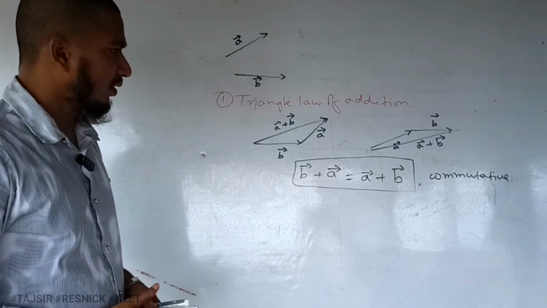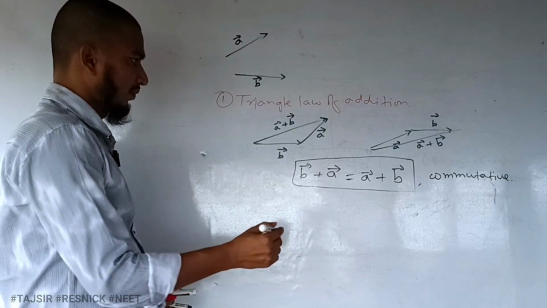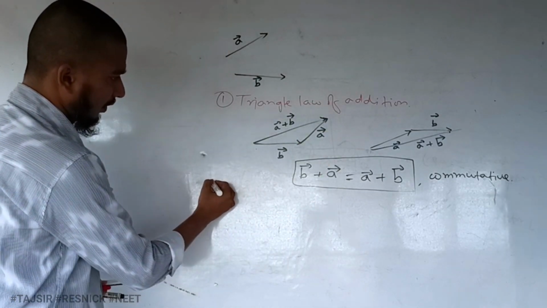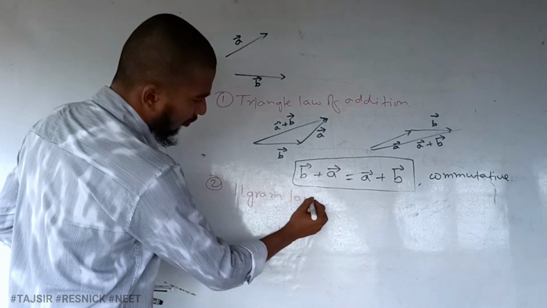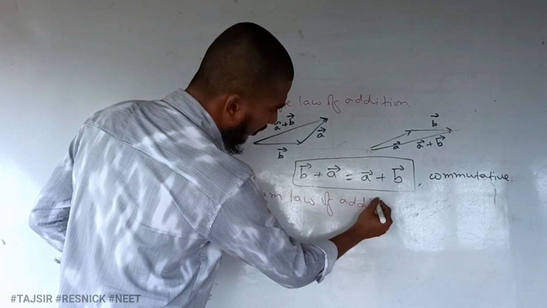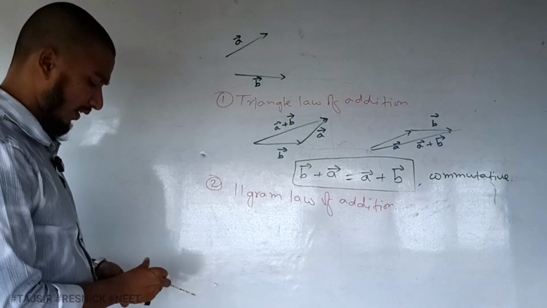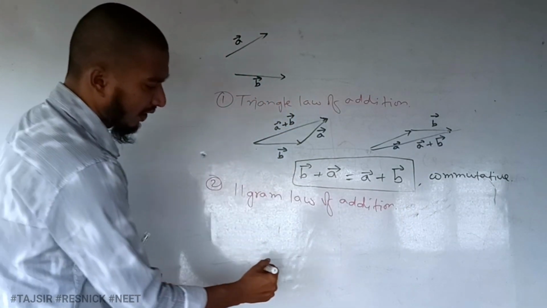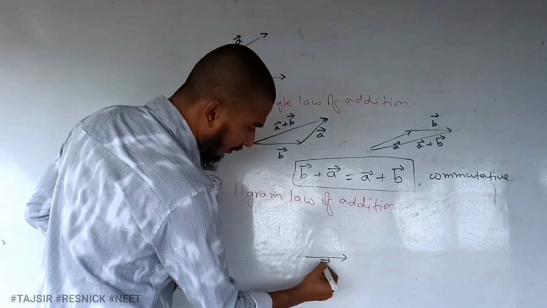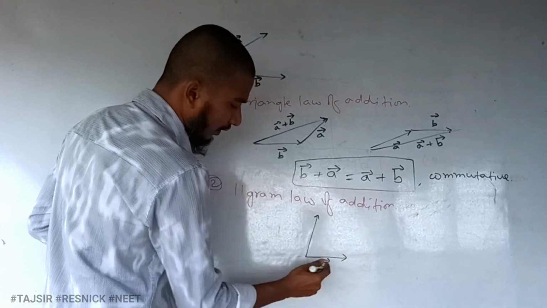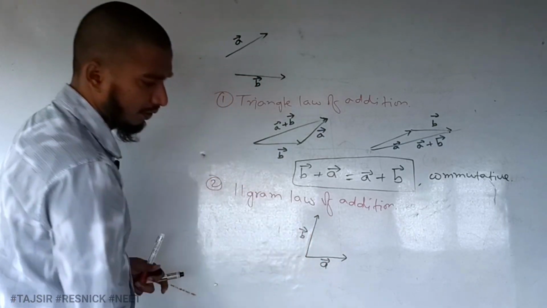We have another method known as the parallelogram law of addition. What we do here is take two vectors, but this time we take vector A and vector B in such a way that their tails are at the same point.